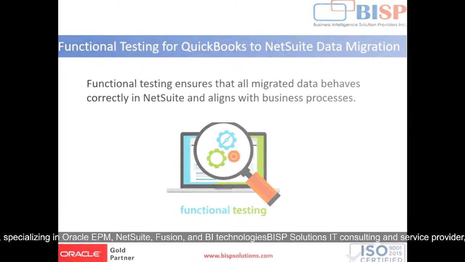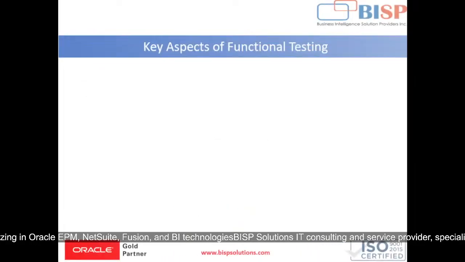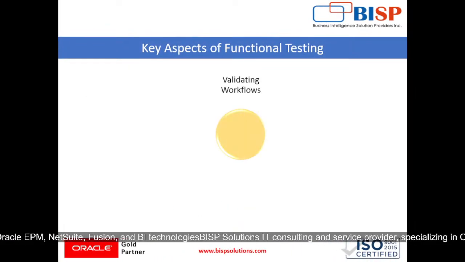So some key aspects for functional testing are: first, validating workflows, where we will ensure they trigger correctly based on conditions. We will verify approvals, notifications and transactions function as expected. Then we will be testing for exceptions and error handling.